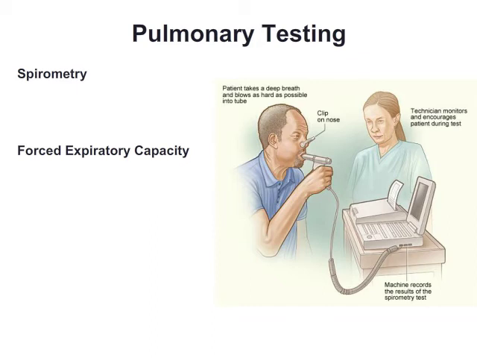In doing this, they can see whether your lung volumes are normal, and also whether there's more resistance than there should be. If there's more resistance, it's going to take you a longer time to evacuate your entire lung volume. And so we see people that have increased forced expiratory capacity times if they have some kind of obstructive pulmonary disease that's basically impeding the flow of air through the bronchi.